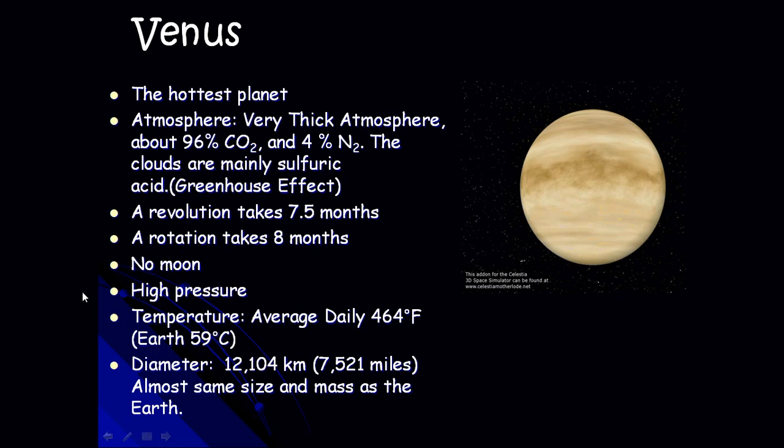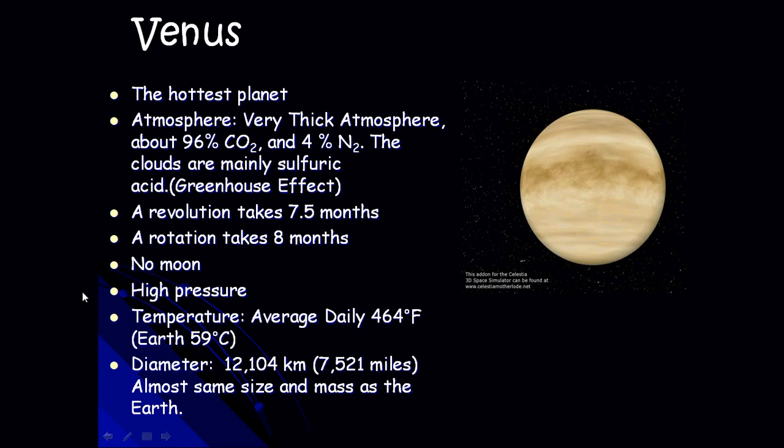Now, a revolution takes about 7.5 months, and a rotation takes about 8 months. Venus features no moon. It has intense high pressure, which means that things would almost implode upon entering Venus's atmosphere.